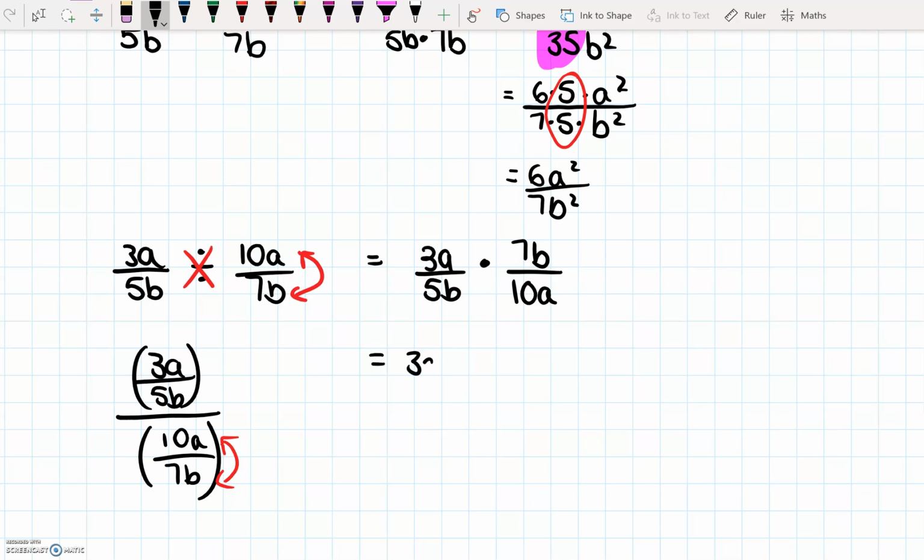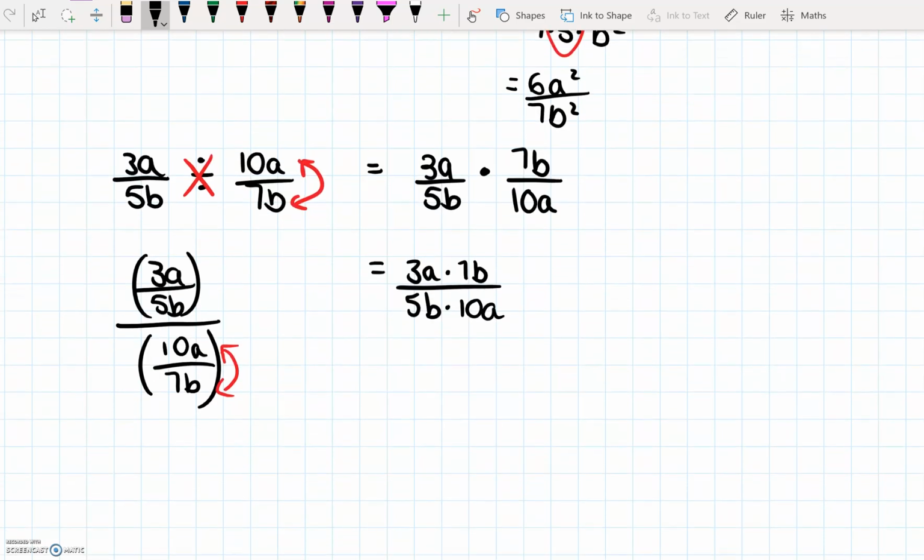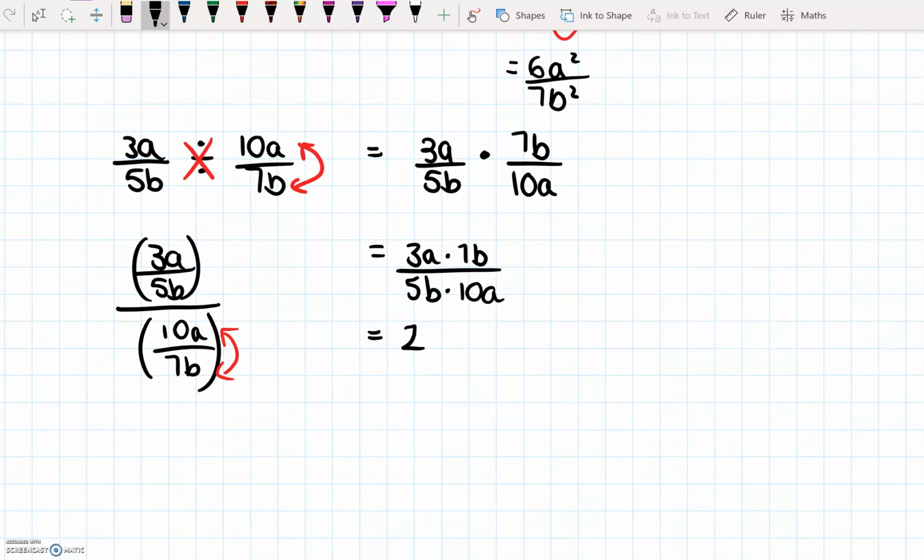So 3a times 7b over 5b times 10a. 3 times 7 is 21ab over 50ab. And remember, as usual, the last step is to simplify, and you can see here we have a over a and b over b. A over a is 1, b over b is 1, so we can replace those, which gives us just 21 out of 50. And that can't be simplified.